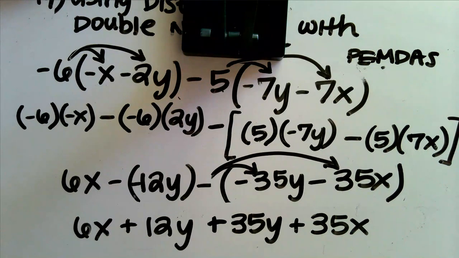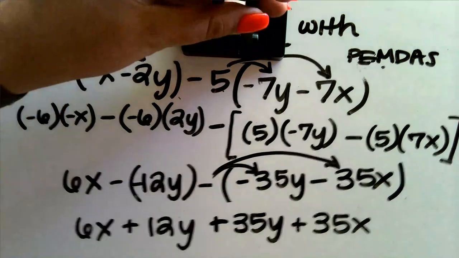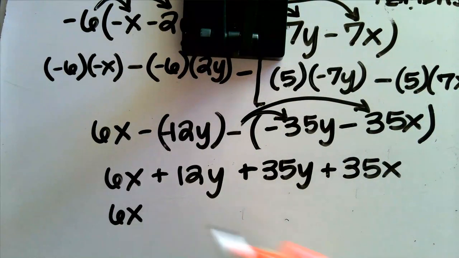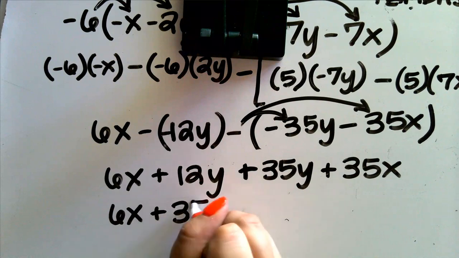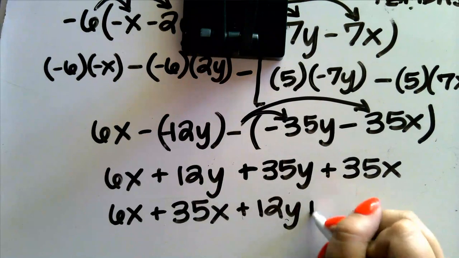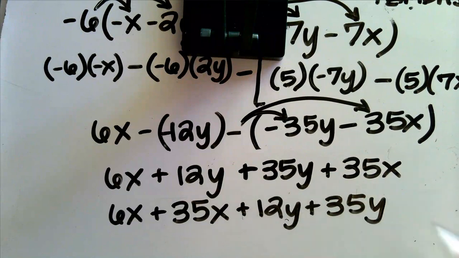So now let's go ahead and rearrange so that we can more easily combine like terms. 6x plus 35x plus 12y plus 35y.